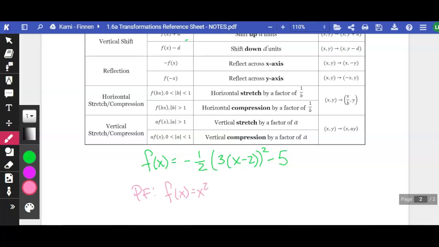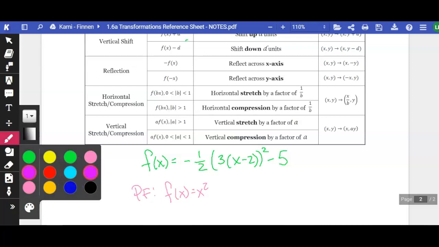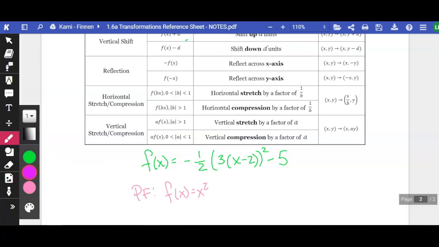So when you're trying to decide if something's happening to x or happening to y, it's happening to x if it happens before you do whatever the function is. So whatever happens before you square it is happening to x. Whatever happens after you square it is happening to y. Okay? That means here, this negative, you have to decide, does that affect x or y?